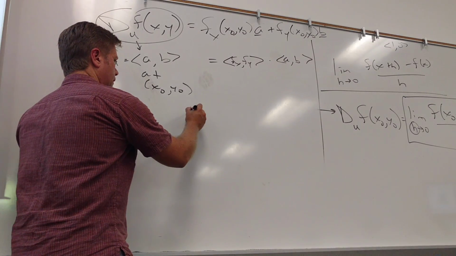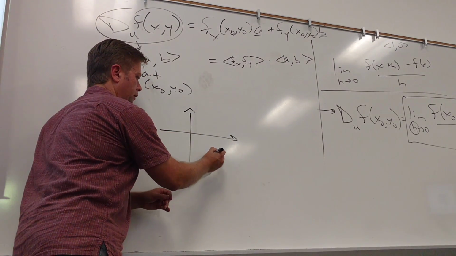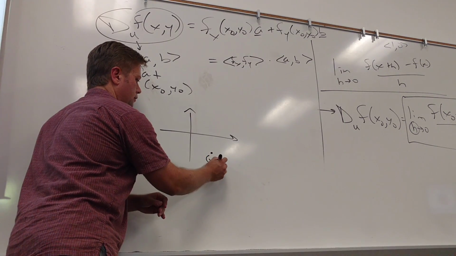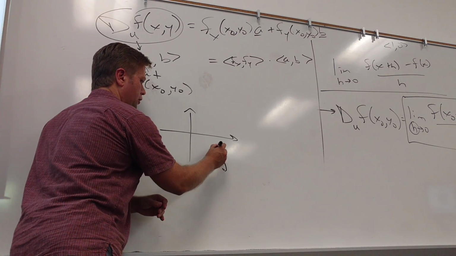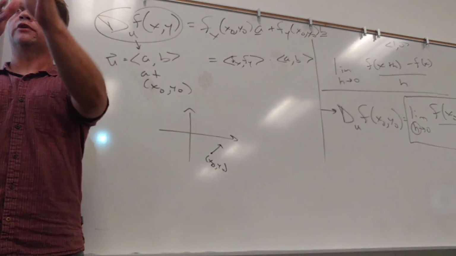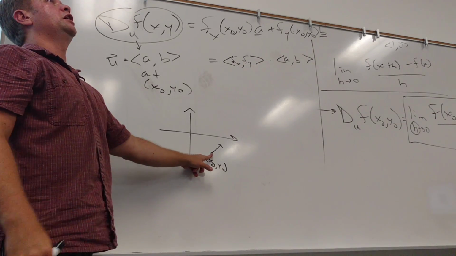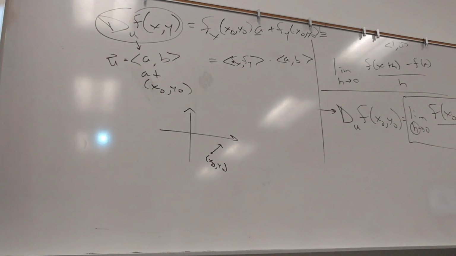So really, this is that idea. If I'm looking at my input plane, and I've got this point that I'm interested in, (x naught, y naught), and I want to know, okay, what's the derivative in this direction? How much is the height changing? If I'm standing here looking up and I go this way, how much will the height change as I start to go in that direction? That's the question.